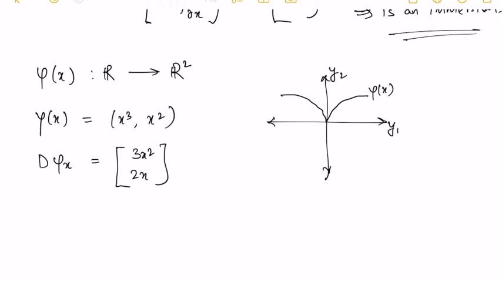So this Jacobian sort of degenerates around 0. And we can see that in the plot as well, that the tangent at 0 is not defined because here you can have two directions which sort of map to the same point, which is why this is not an immersion.